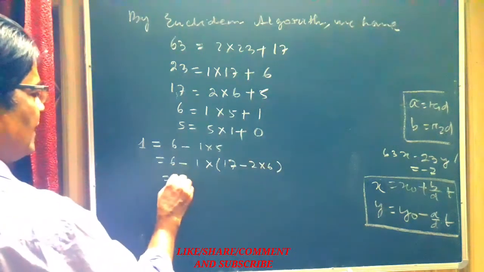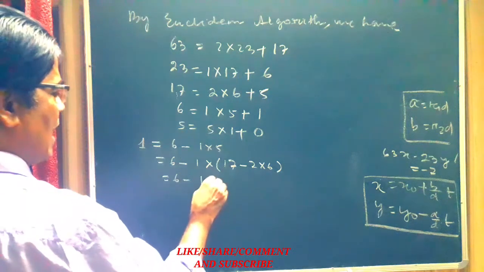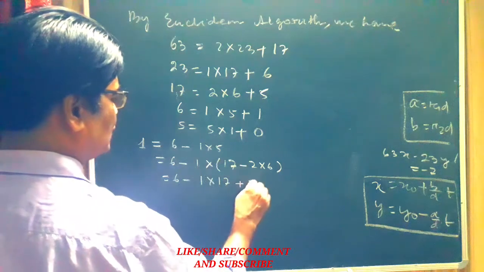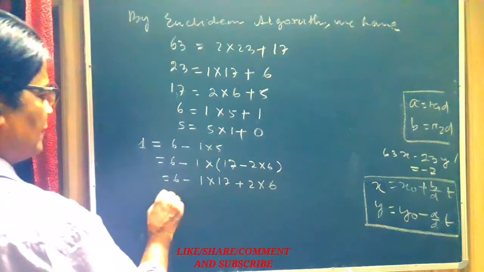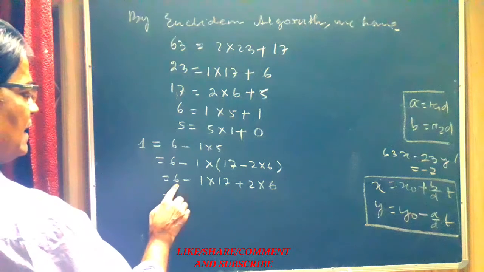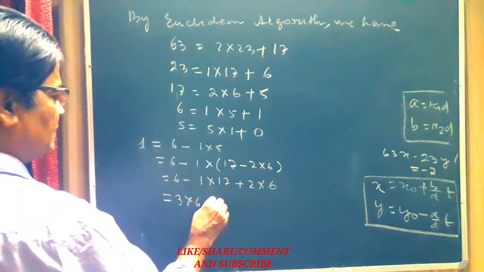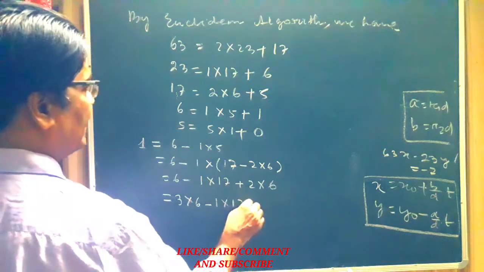So this is 6 - 1 x (17 - 2 x 6), so this is 3 x 6 - 1 x 17.